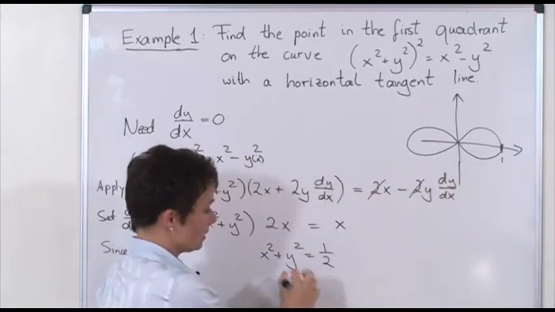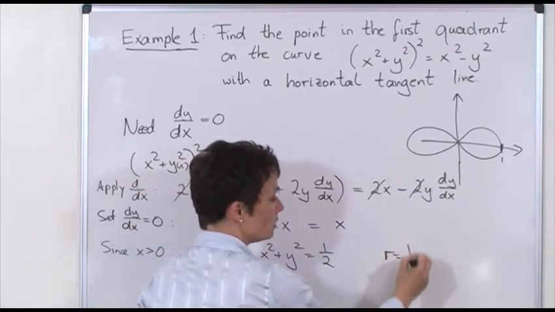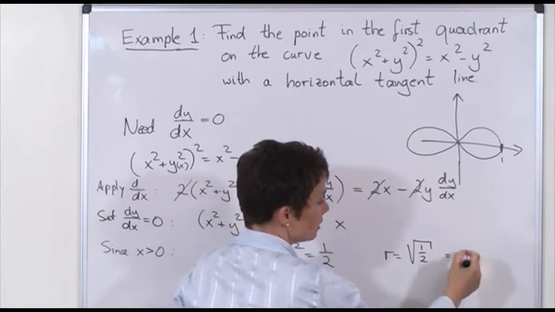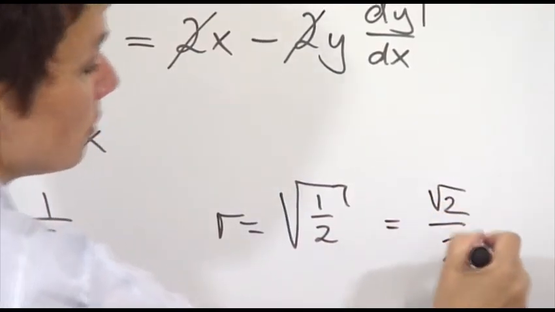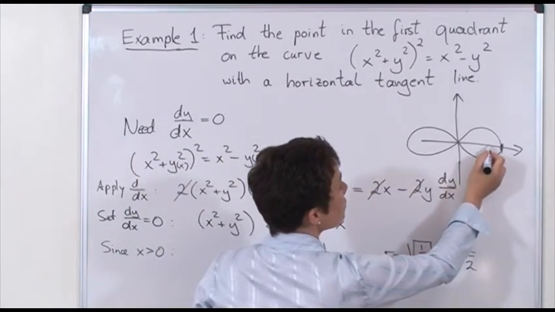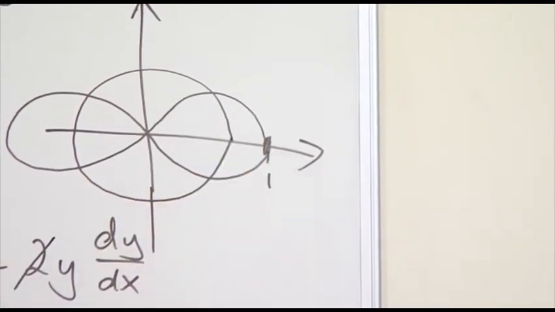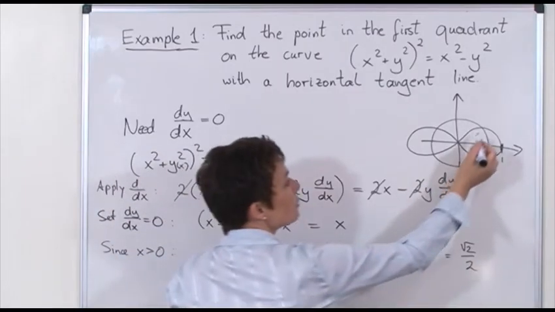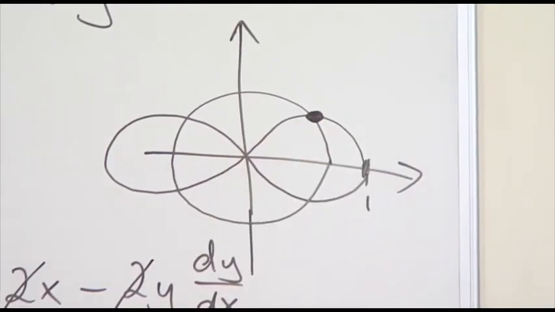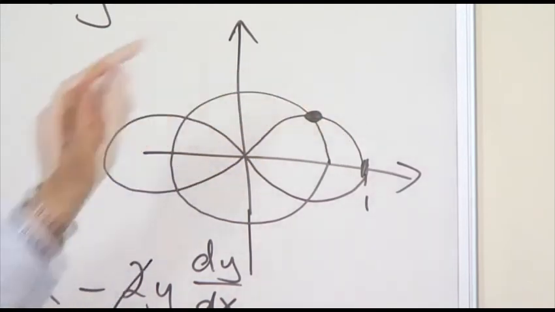So as I said, this is the circle with radius square root of 1/2, which is square root of 2 over 2, which is roughly 0.7. So the circle we are talking about is this one. And you see the point we are looking for is the intersection point of these two curves. That's where our original curve, the figure 8, has a horizontal tangent line.